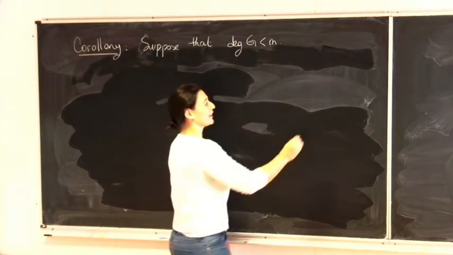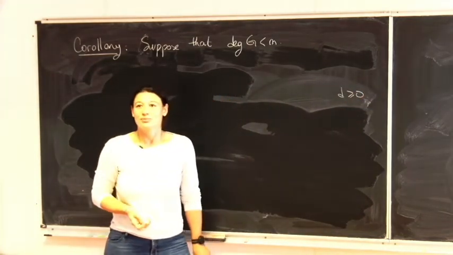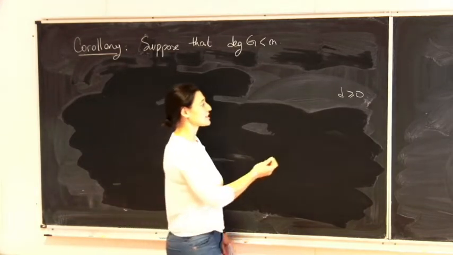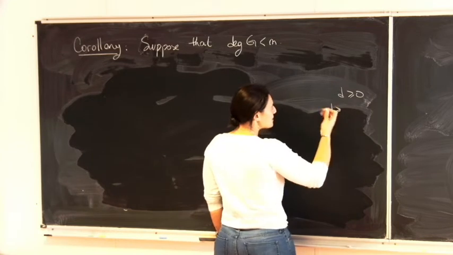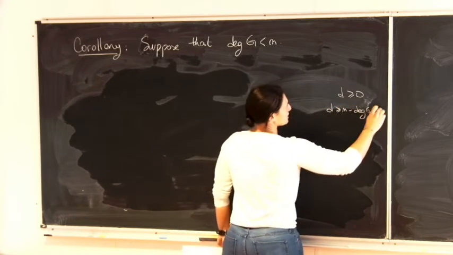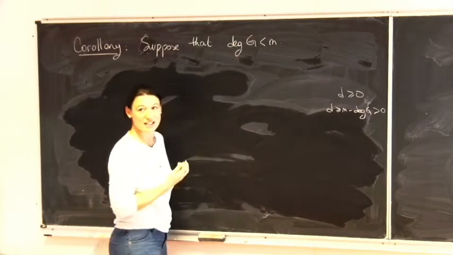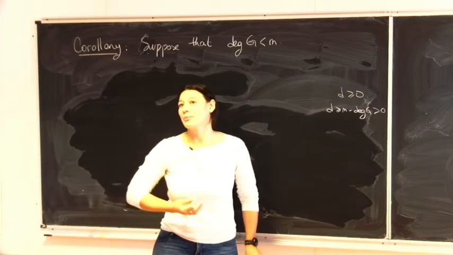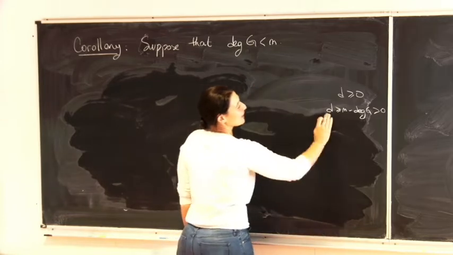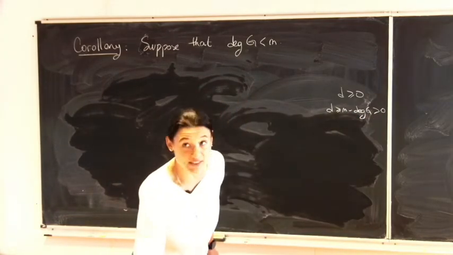I always said that the minimum distance is greater or equal than 0, of course, but can I say more about this? Well, this is going to have something to say if n minus degree of G is bigger than 0. And so this hypothesis is not asking that much. It's saying, well, I want this in order to have a non-trivial bound for the minimum distance.